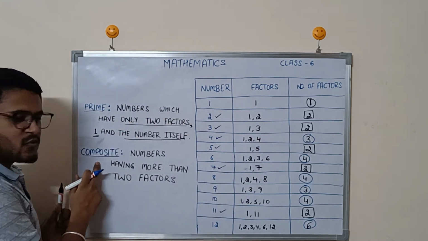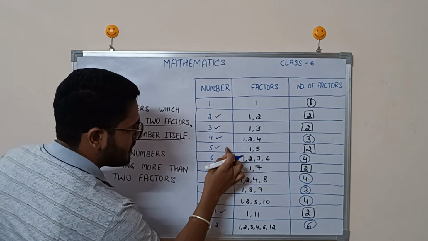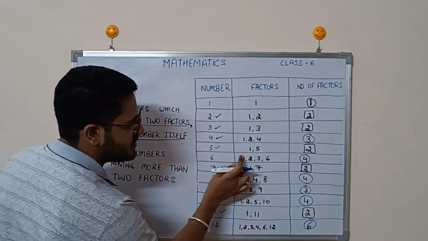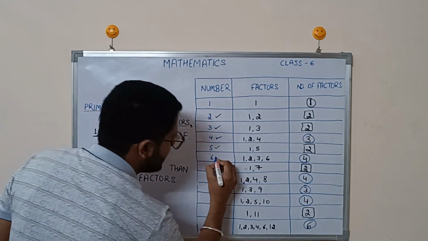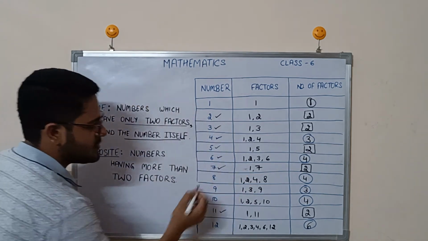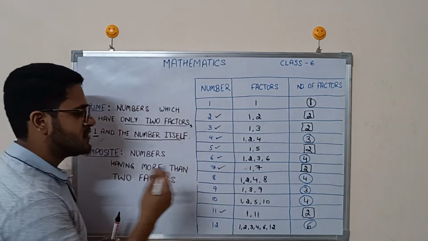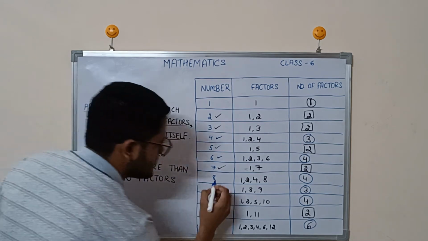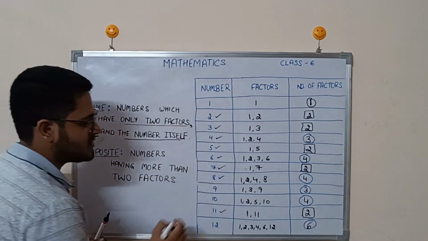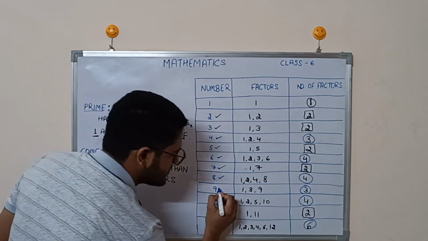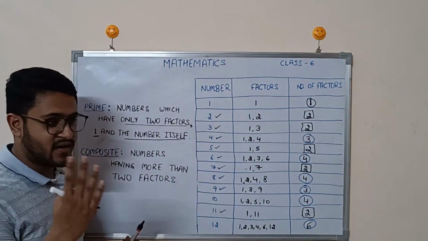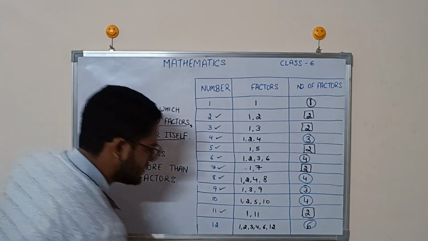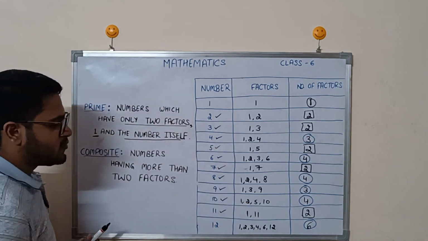Again 6: 1, 2, 3, 6, we have 4 factors, which is more than 2, so it is a composite number. Then 8 has more than 2 factors, so it is also a composite number. Then 9 has 3 factors, so it is also composite. Then 10 has 4 factors, which is more than 2, so 10 is also a composite number.